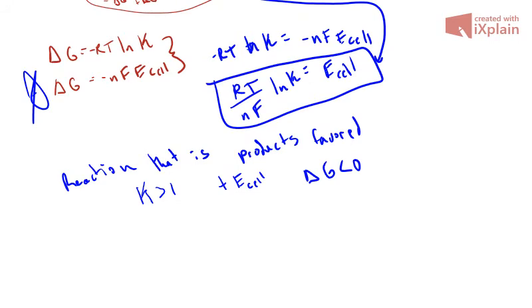Okay. Likewise, if we have a K less than 1, we're going to have a negative cell potential, and our delta G will be greater than 0. Okay? All this is coming full circle, okay?